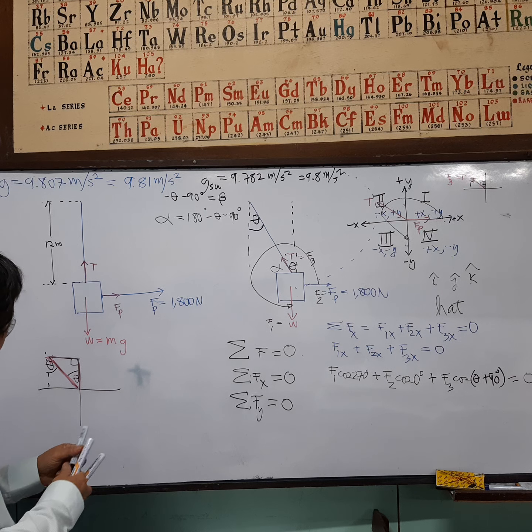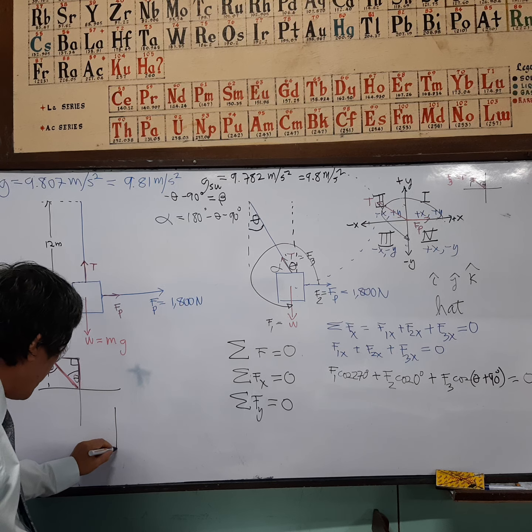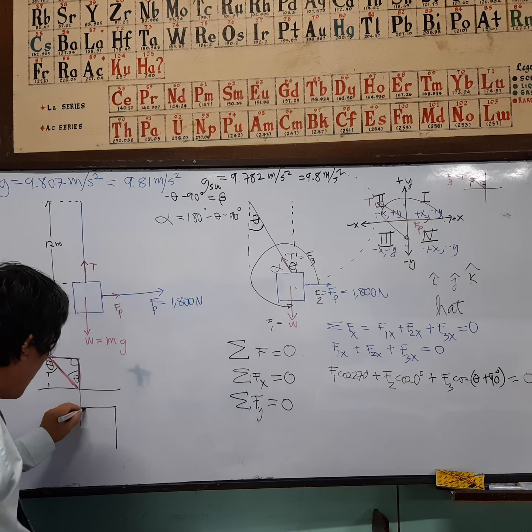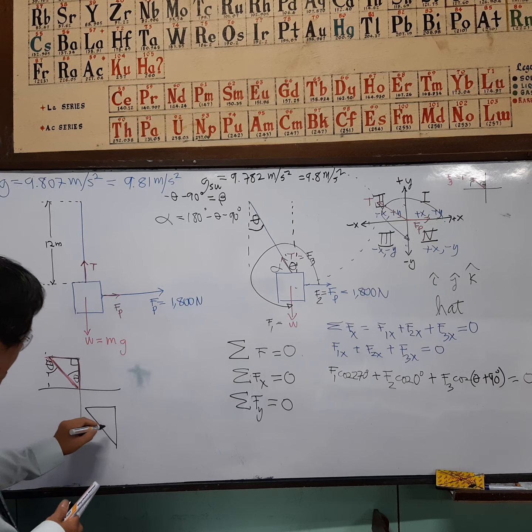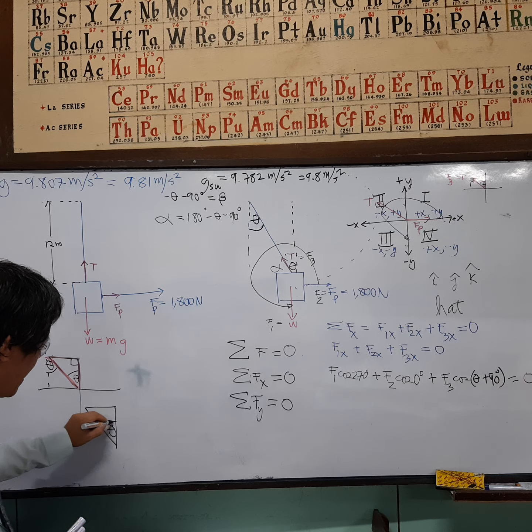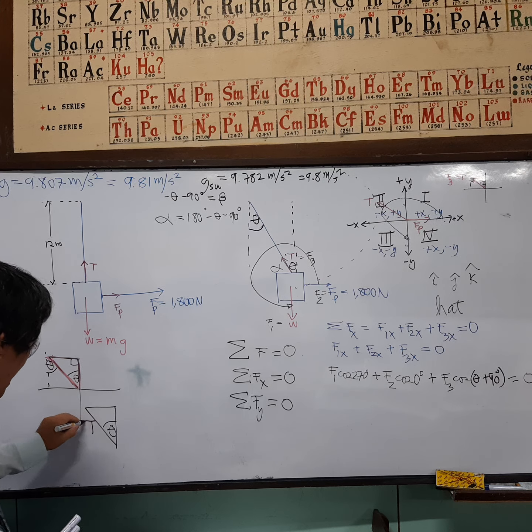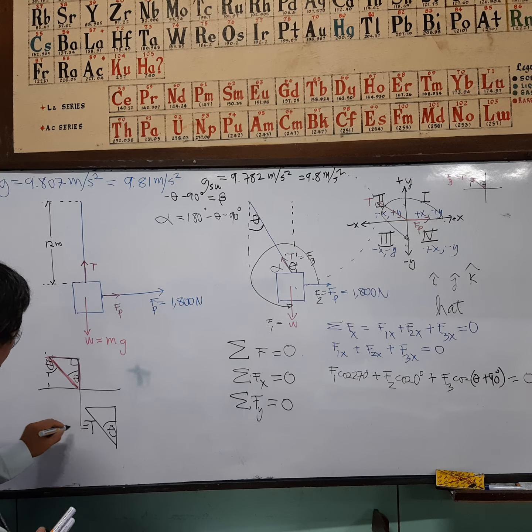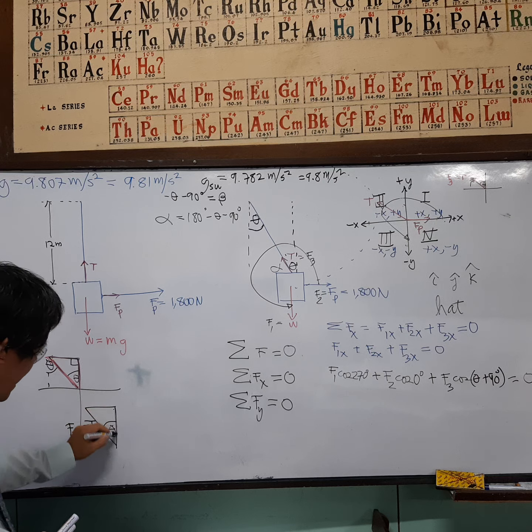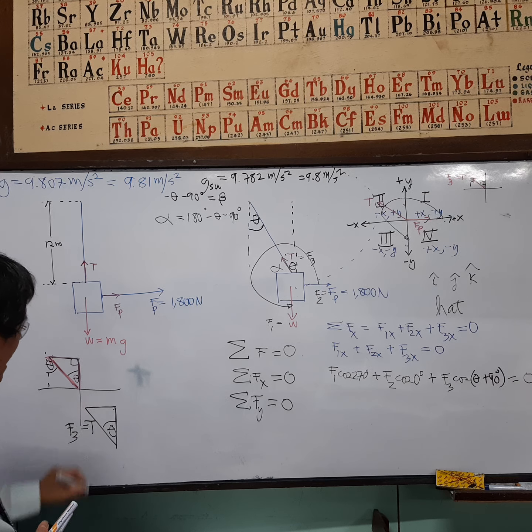So the triangle will be like this. This one is theta. This is the hypotenuse, the tension, which is equal to F3. This is the adjacent side. This is the opposite side.